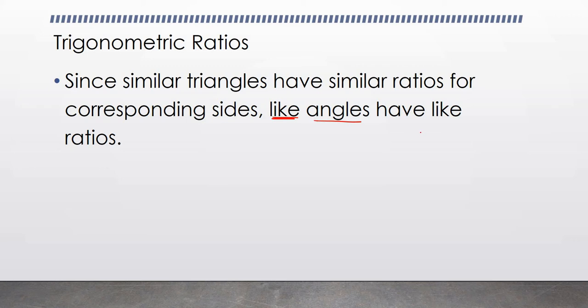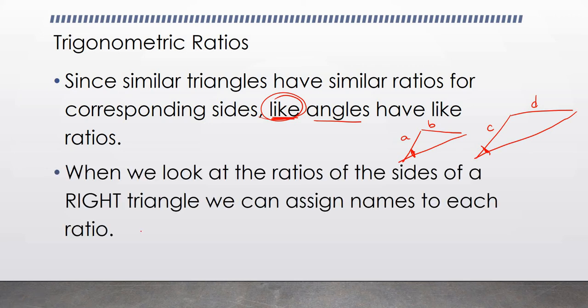So if I have two similar triangles, the ratio of side A to B is the same as the ratio of side C to D, and this angle measure has to be the same because they are similar triangles. So similar triangles have similar ratios for their corresponding sides, therefore like angles have like ratios.